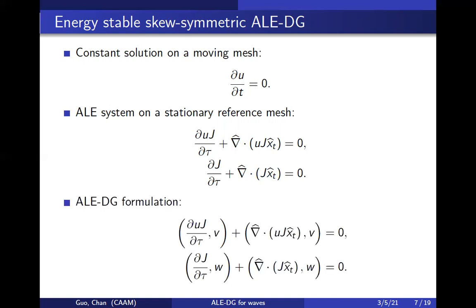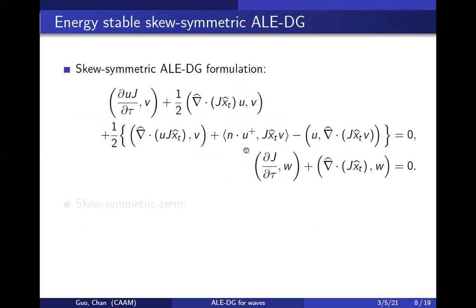We multiply the ALE system by test functions and integrate over elements, and then we get the ALE DG formulation. To better prove the energy result, I will further rewrite this formulation into a skew-symmetric form by splitting the second term in the first equation. During integration by parts, we simply choose the central flux, which is the average of the interior and exterior values of the solution.